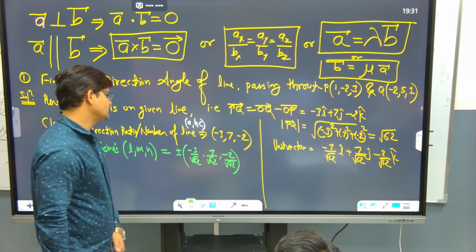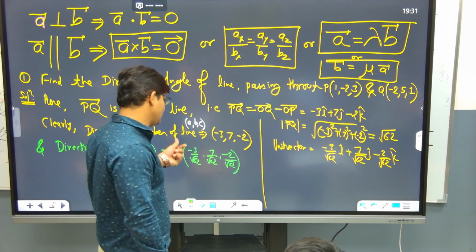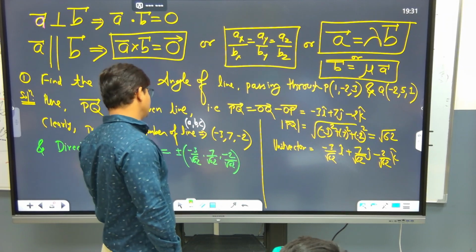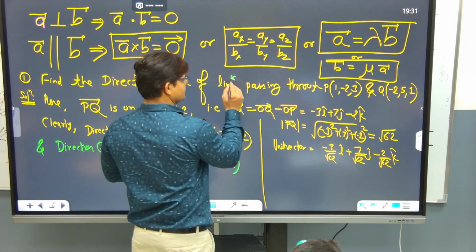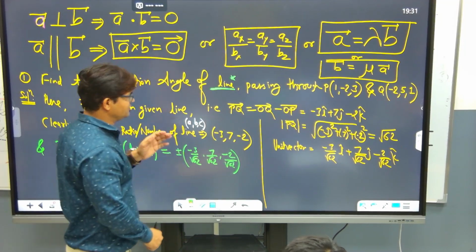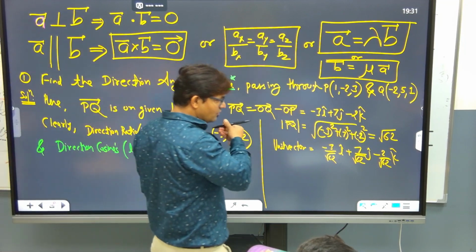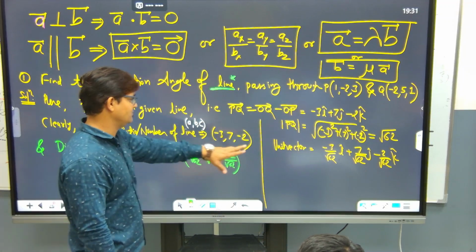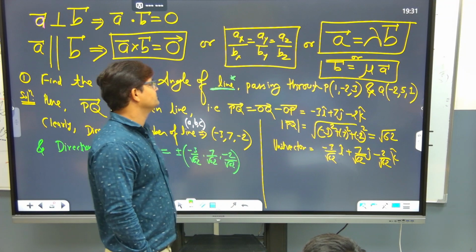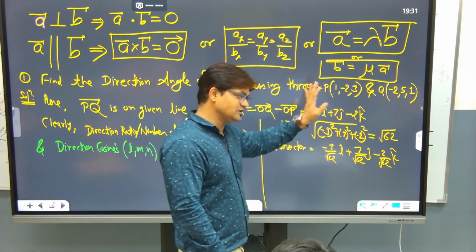Here one important point: if we are taking the plus sign, then the values are minus, plus, minus. If we are taking the minus sign, that is the opposite direction, the QP vector. Because we are working on a line, the line may be in the direction along PQ or QP also possible. Along PQ, then same case, no need to take minus. But if only a line, then we have to consider the case PQ as well as QP.